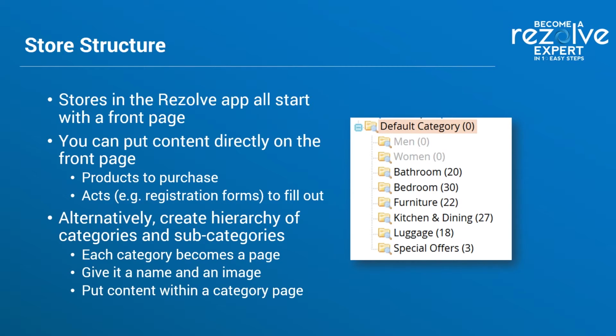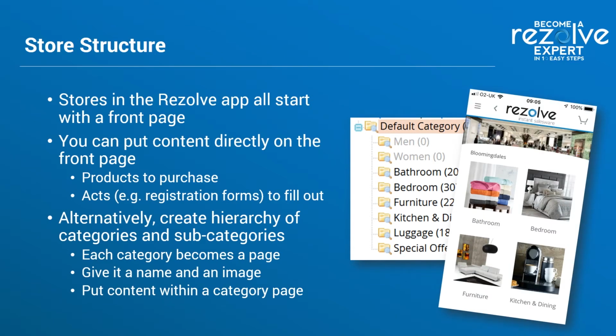When you create categories within the merchant portal, they look like this in a tree, and then they become like this in the Rezolve-enabled apps. You've got an image with the name of the category underneath. So what we're going to do now is create a category in the merchant portal.